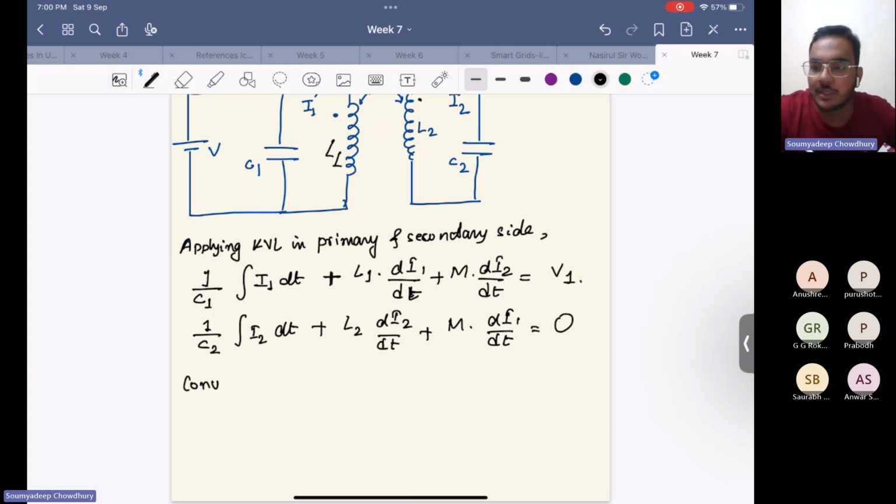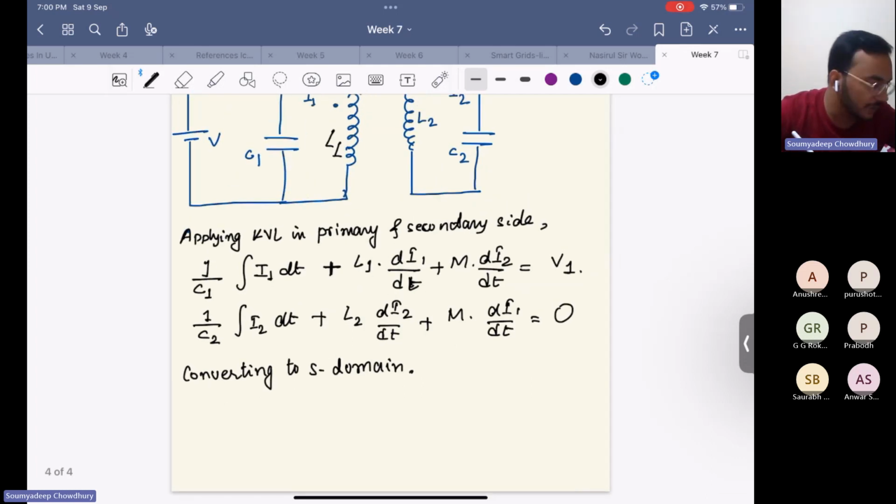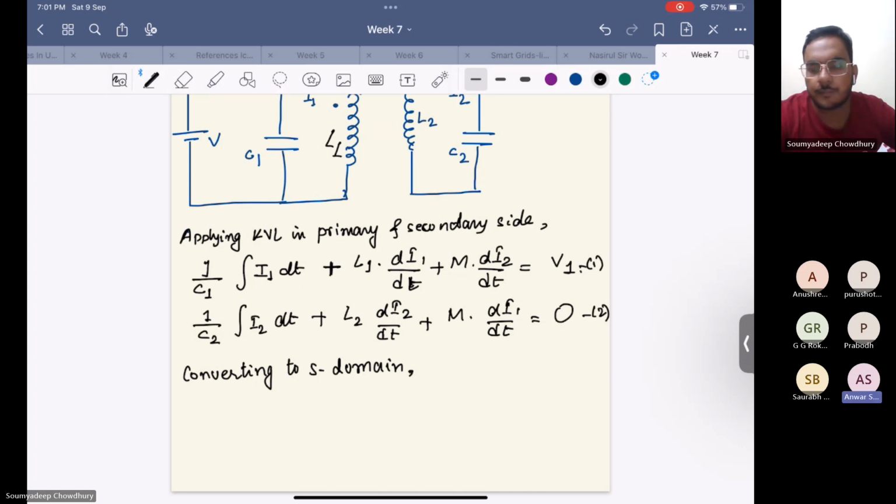Anushri, are you comfortable with Laplace transform? Yes, sir. Okay, so if I convert the first equation to the S domain, or Laplace, what will be the first equation? This is equation 1 and this is equation 2. Converting the first equation to the S domain, what will I get? Someone can please tell. Mr. Anwar, can you tell? The S domain means Laplace domain, right, sir?